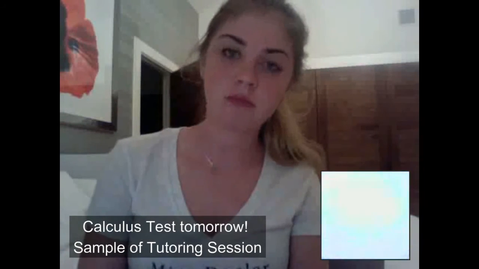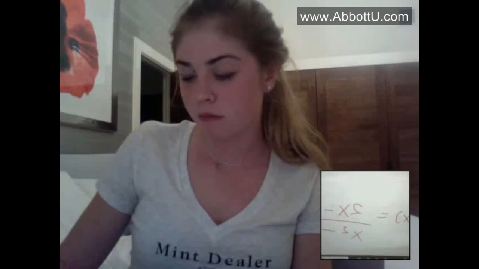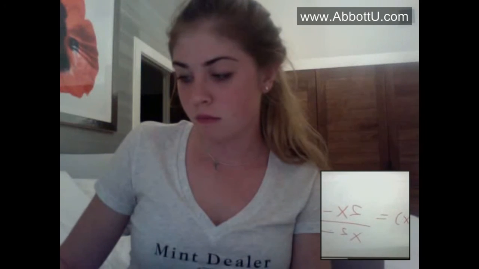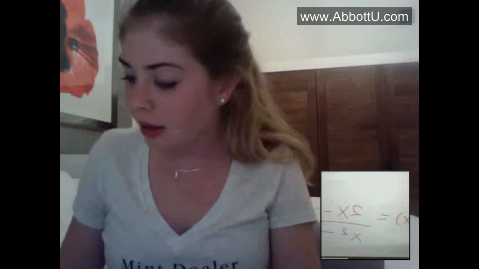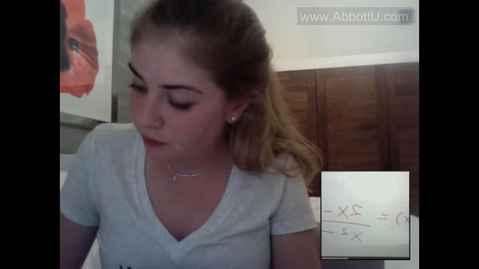Okay. Please give me horizontal and vertical asymptotes for that. The horizontal, the denominator is larger, so it's y equals 0, aka the x-axis.